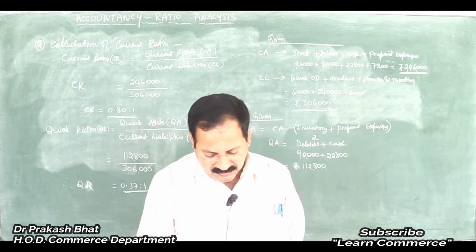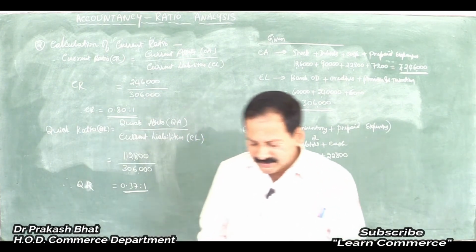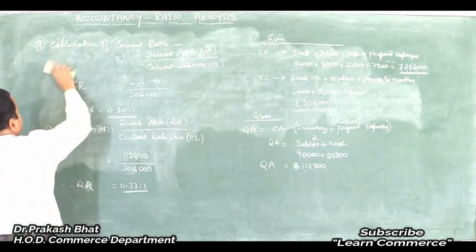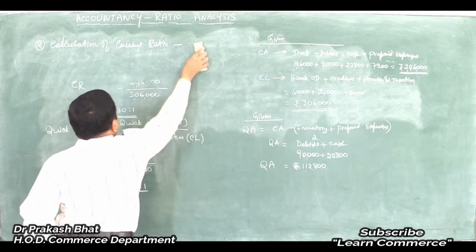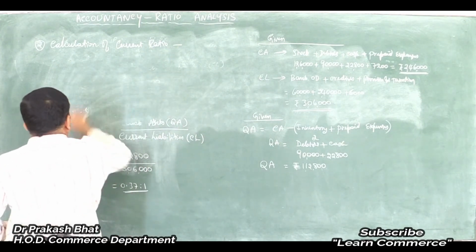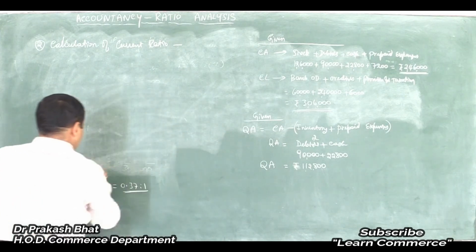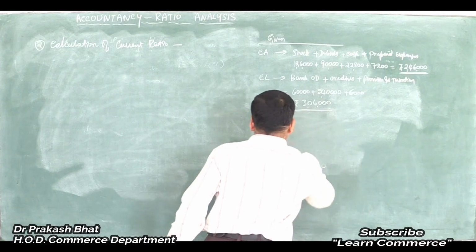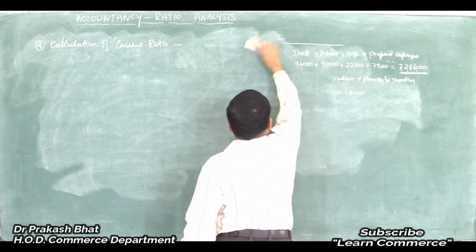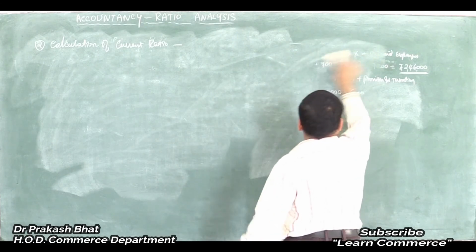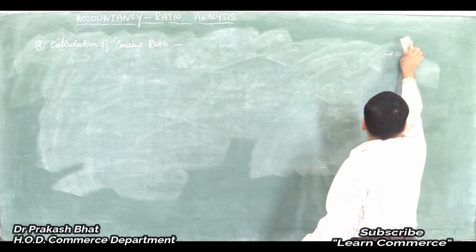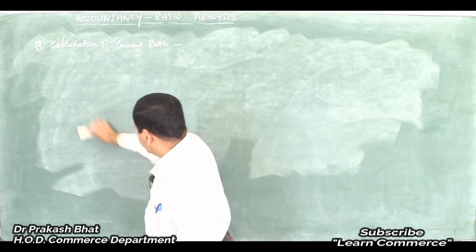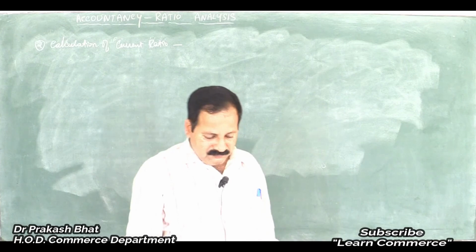Third problem, I will solve it. Calculate current ratio and quick ratio from the following information. Different information is given here. I will read out each of the items and let us bifurcate whether it is a current asset or current liability.